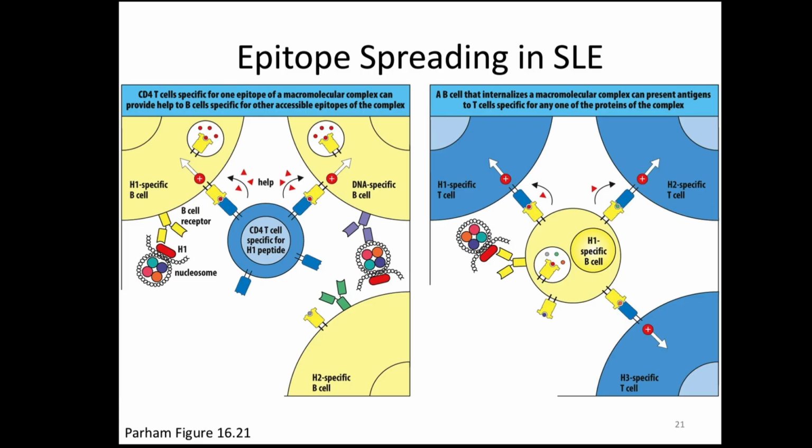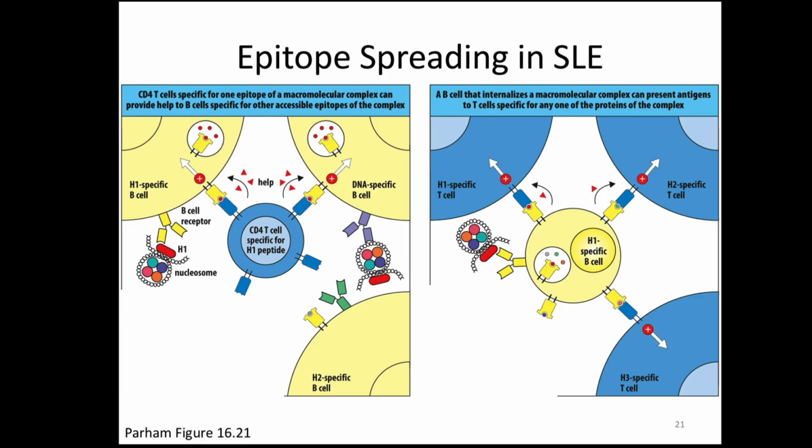It's going to break that up into a number of different peptides, some red peptides and some purple peptides and some pink peptides, from all different parts of this. Those are then going to turn on different CD4 T cells, based on which epitope is being recognized.